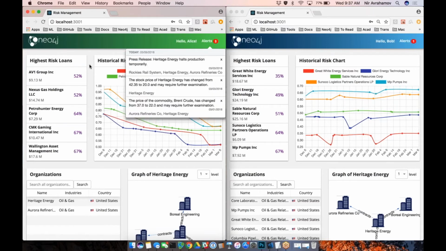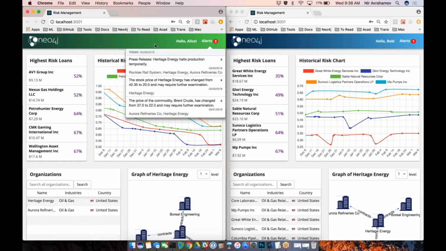And as you can see, there's a press release that Heritage Energy has released, saying that because the price of oil has dropped significantly, they have halted production, because their production price is much higher than the current price of oil.